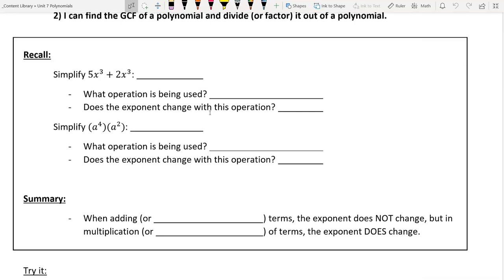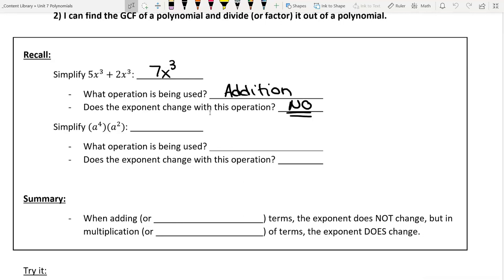So here the answer would be 7x cubed. The x cubed does not change. Why? Because of addition. When addition is happening, the exponents do not change, okay? So underline this, circle it or something. When there is addition, your exponents don't change, you just add the numbers in front.